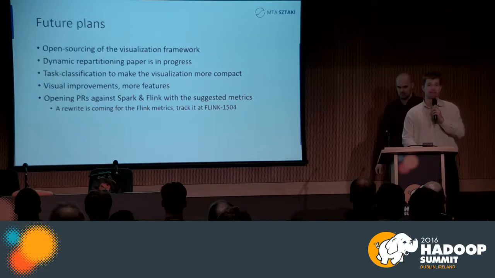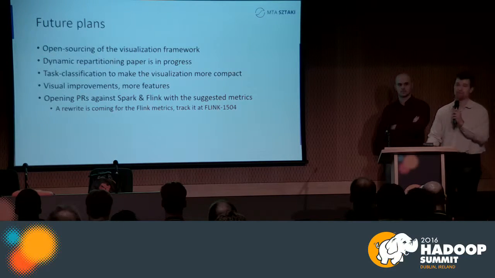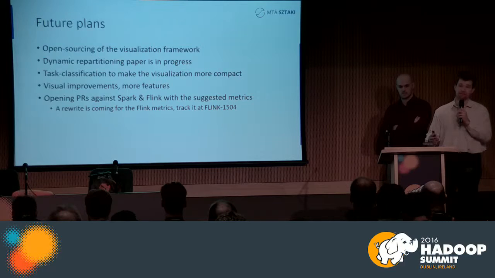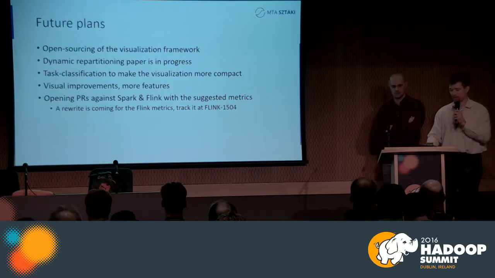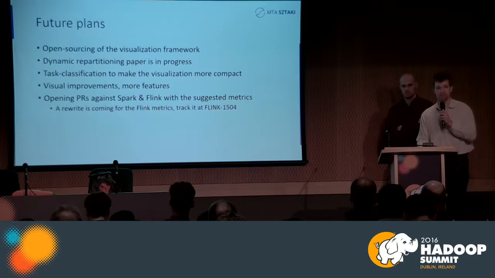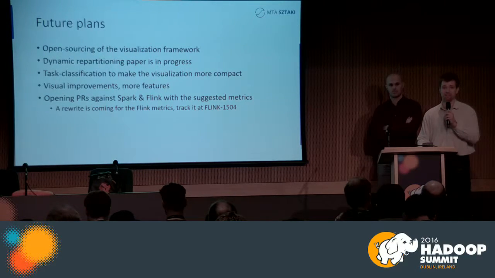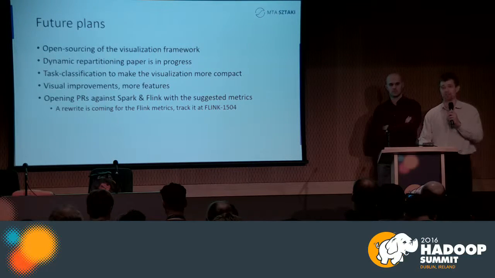So let's speak a little bit about our future plans and how to advance with this project. One of the main goals is that you would also be able to try out this visualization and give us feedback, so we would like to open source it, and we are very much looking forward to the use cases that you find it useful for. Zoltan has already mentioned that a paper is in progress on the more researchy part.